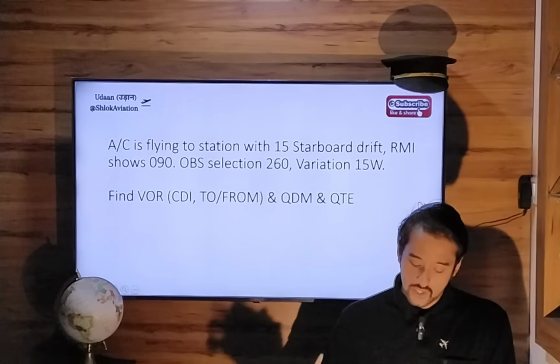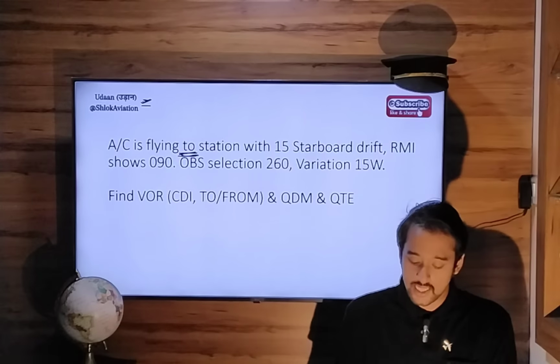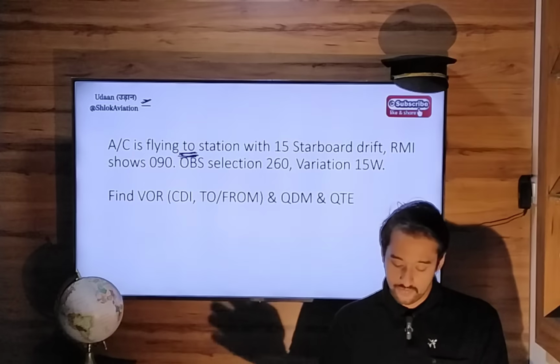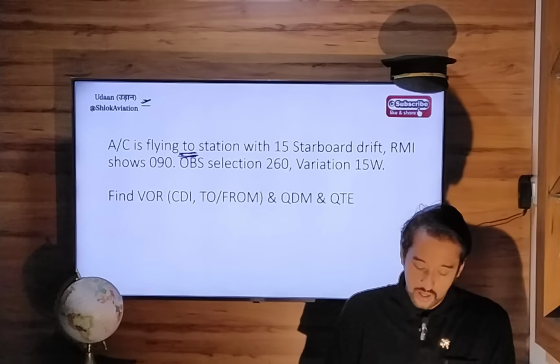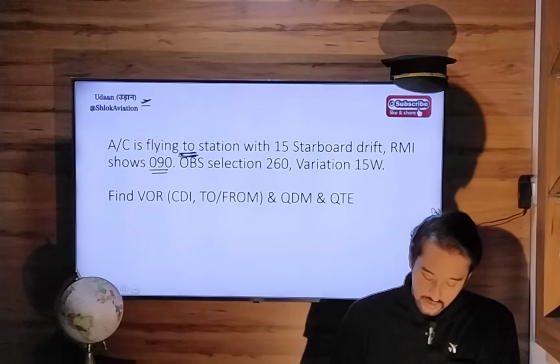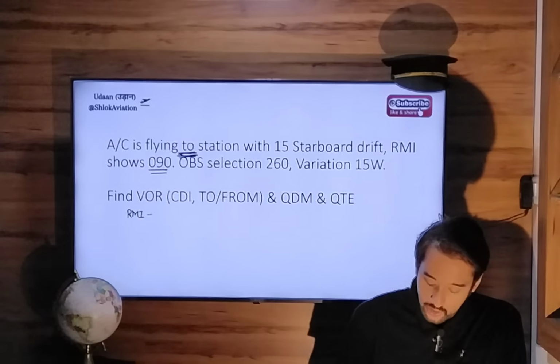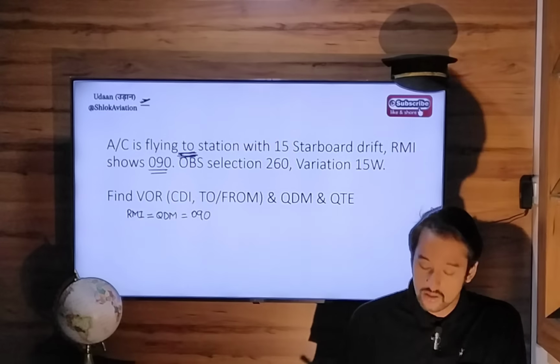So aircraft is flying towards a station. This is one hint given to us, that is approaching the station. 15 degrees starboard drift and RMI showing 090. So RMI is nothing but QDM, which is 090.